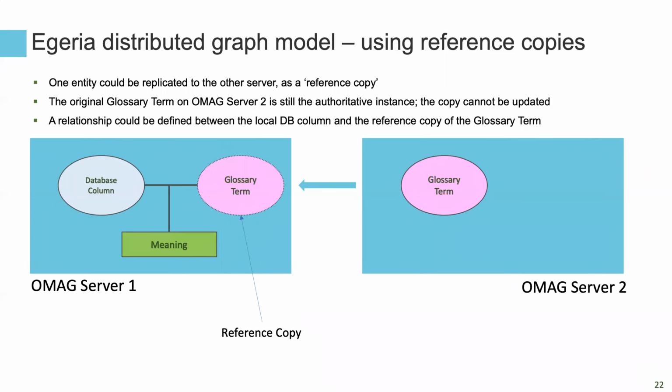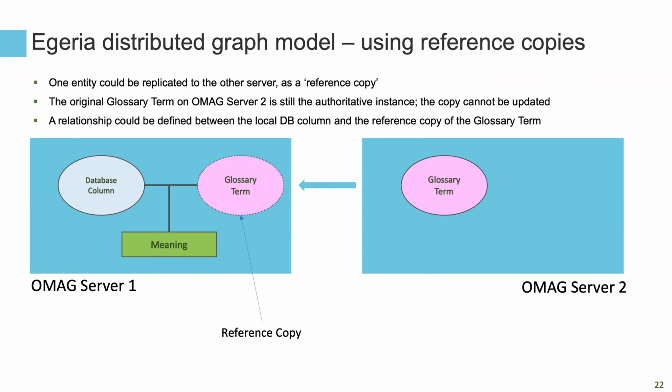One way of doing it is that we take a reference copy of the glossary term and we store it on the left-hand server. So the one on the right is the original glossary term. We cannot modify the reference copy of the glossary term. We can create relationships to it, as we'll talk about in just a moment. And we can also classify it if we need to.